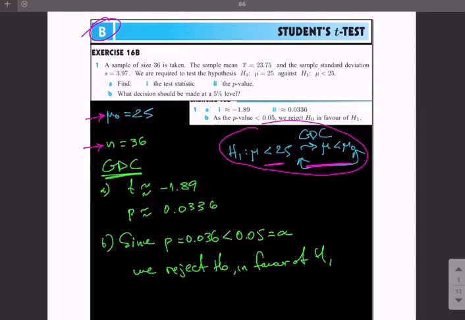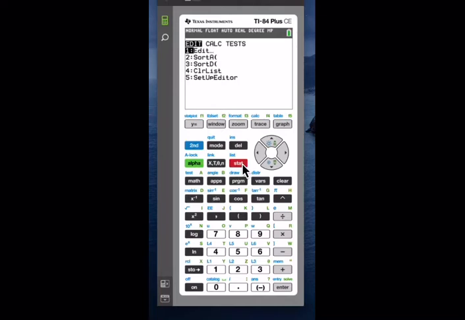my calculator. We need to go to stats, tests, and we go down to option 2, which is the t-test. Now I'm gonna use stats, and we have that mu naught is 25, we have that our n is 36, and we have that our sample mean is 23.75, and we have that the sample standard deviation S is 3.97.